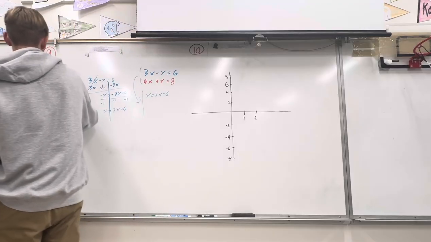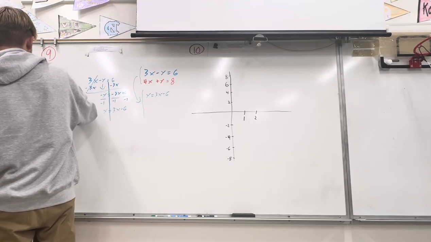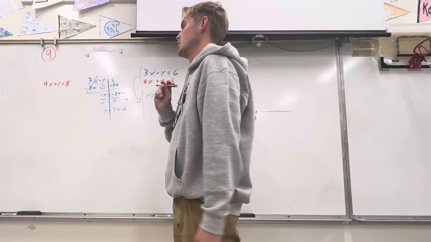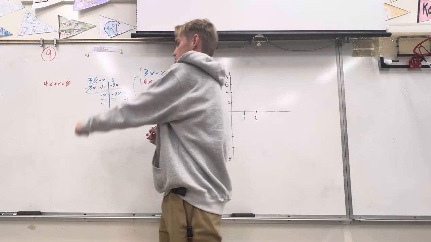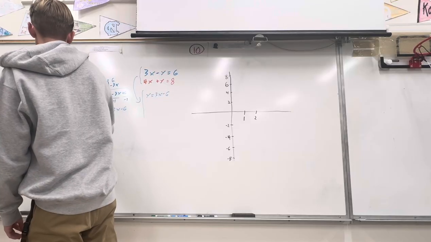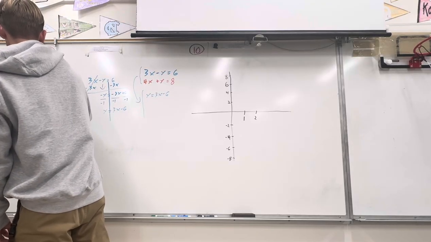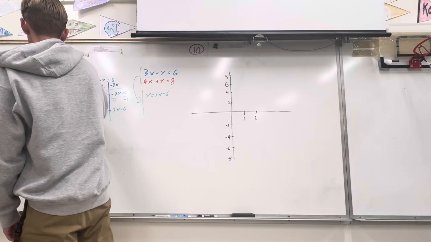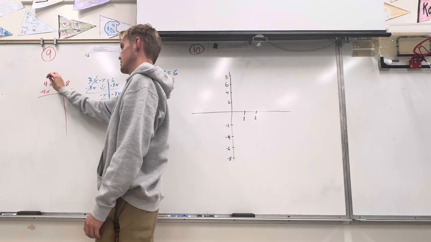We have 4x plus y equals 8. So first step, we subtract 4x from both sides. We do that, the y drops down, these cancel out.